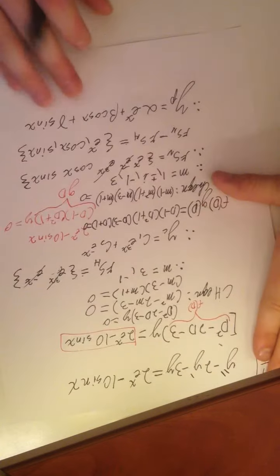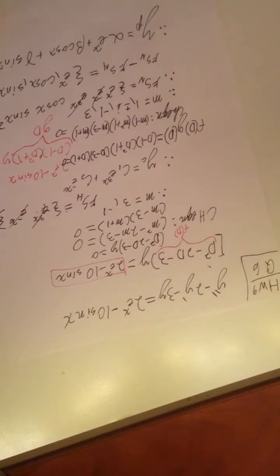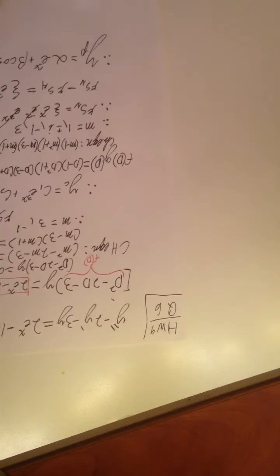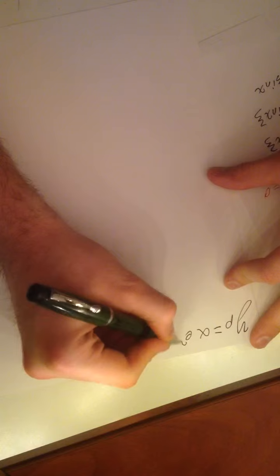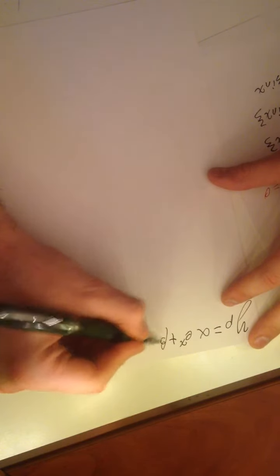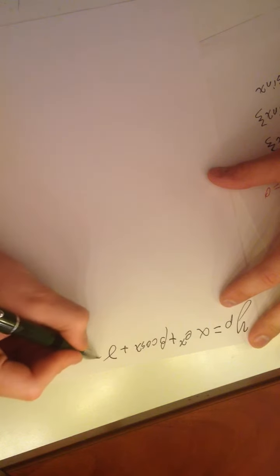Now we can find the values for alpha, beta, and gamma, and to do that we're going to start on a separate sheet of paper. So we write down our yp value: alpha e to the x plus beta cosine x plus gamma sine x.